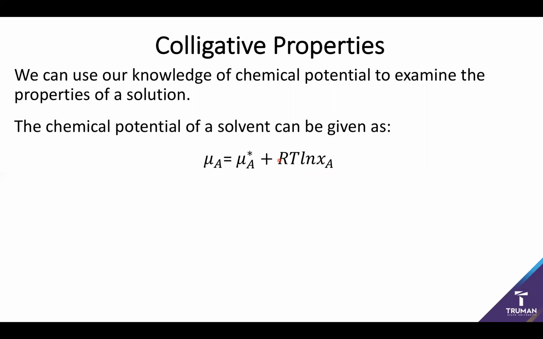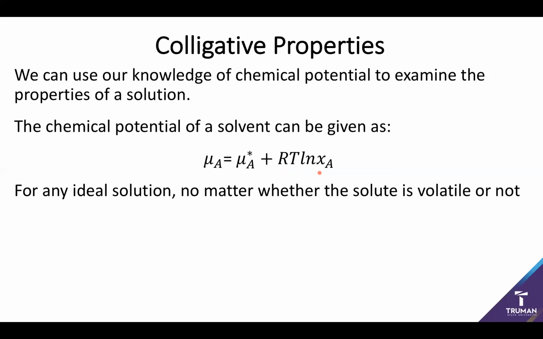Now, one of the other important features, since we're looking at a solvent property, is that it isn't going to matter whether my solute is volatile or not. So I'm not stuck knowing the extent of volatility or even solubility of my solute, as long as I know its effective concentration.